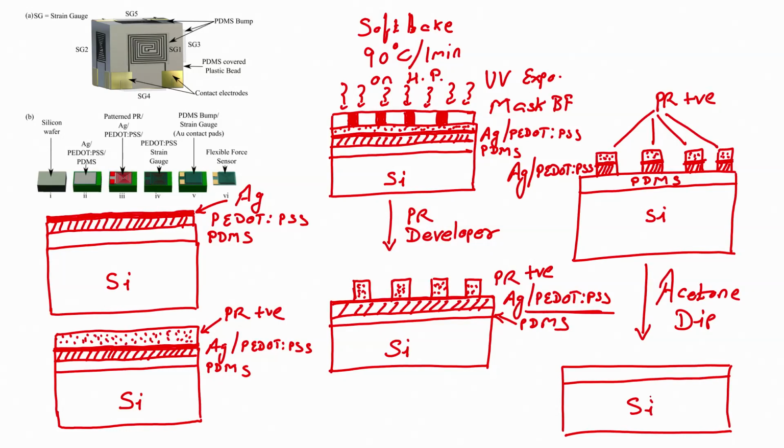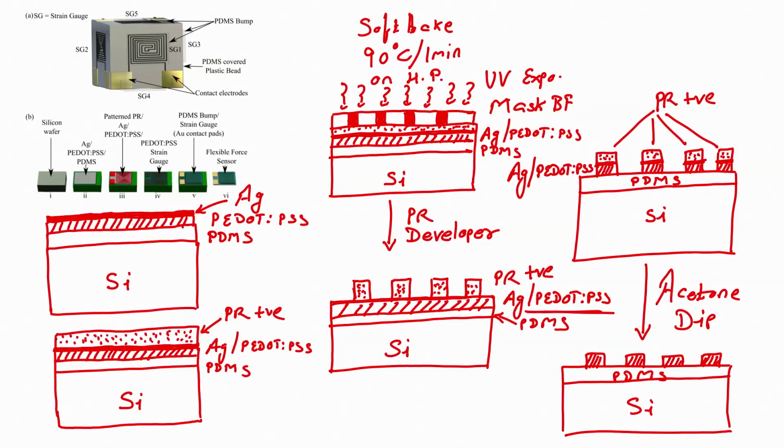So, you have silicon, you have PDMS, right. On that you have PEDOT:PSS. You can now strip off the silver also. After you strip off the photoresist, the silver that was there, you can strip it off.